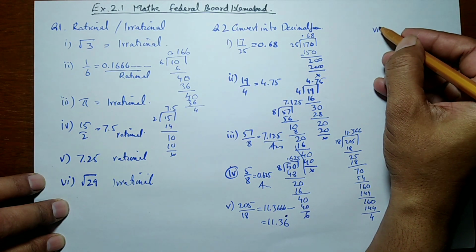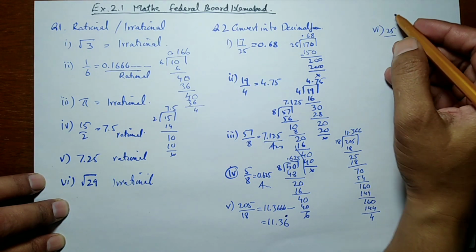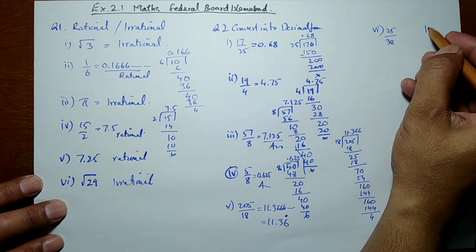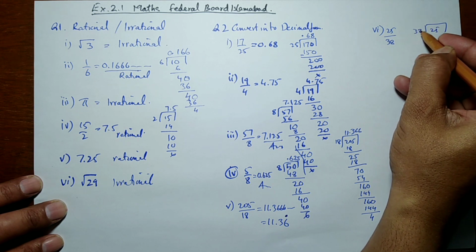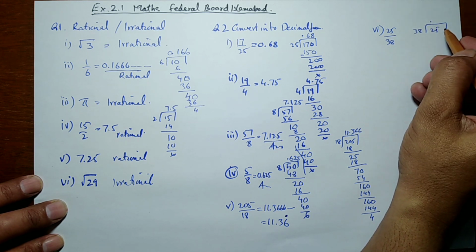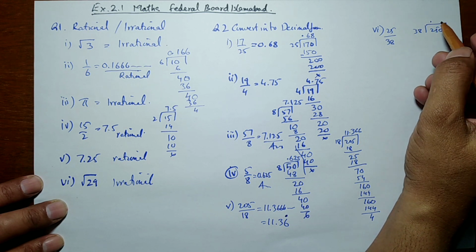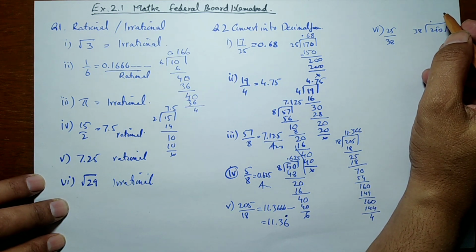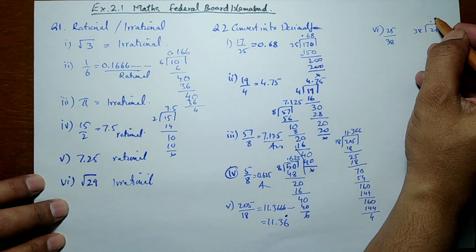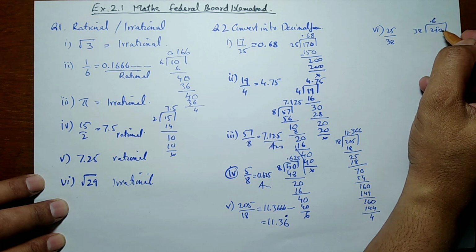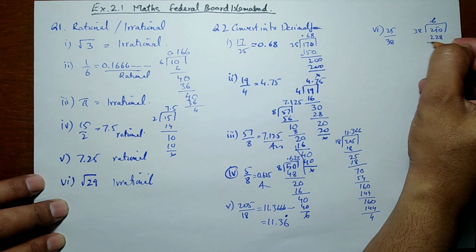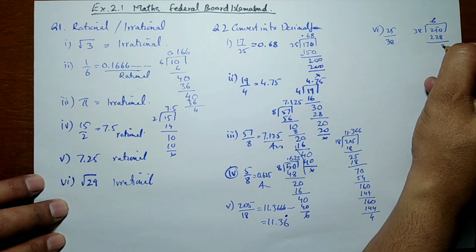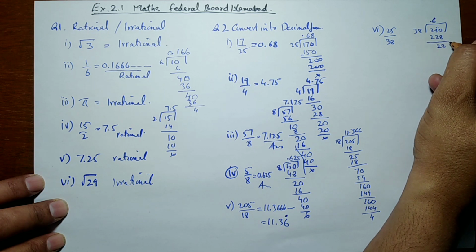The last question, which is 25 upon 38. You can see 25, 38 20, just introduce point here and 0 here. 38 multiplied by 6 is 228, and subtracting we get 22 as the remainder.